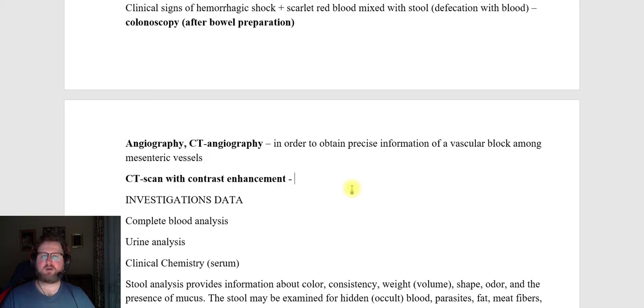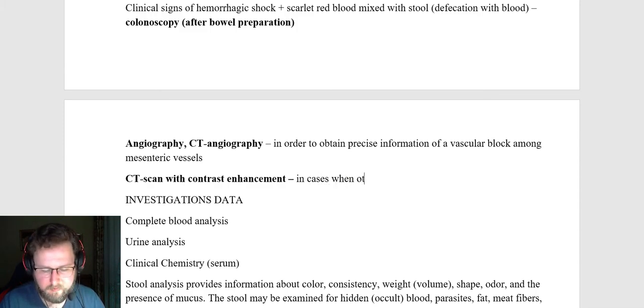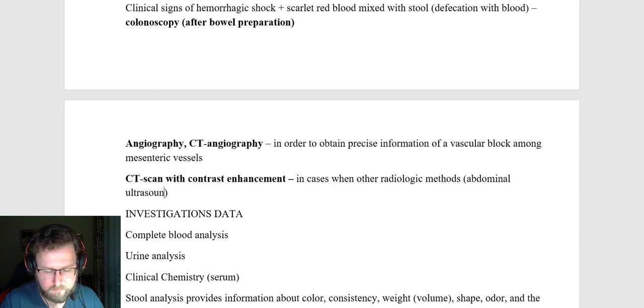You use a CT scan in cases when other radiologic methods, like, as previously discussed, abdominal ultrasound or abdominal X-ray, are not sufficient to make a clear diagnosis.